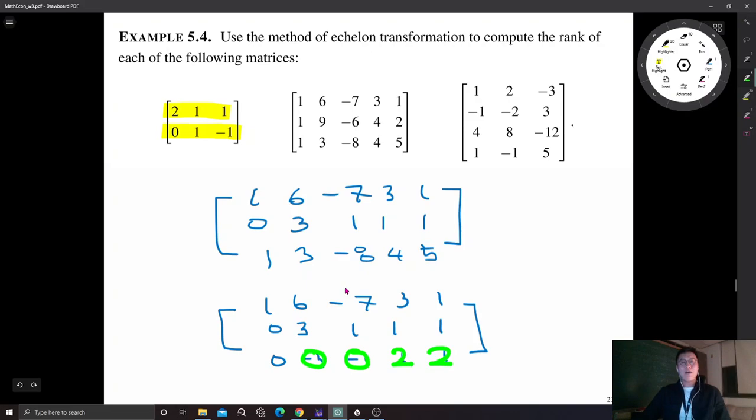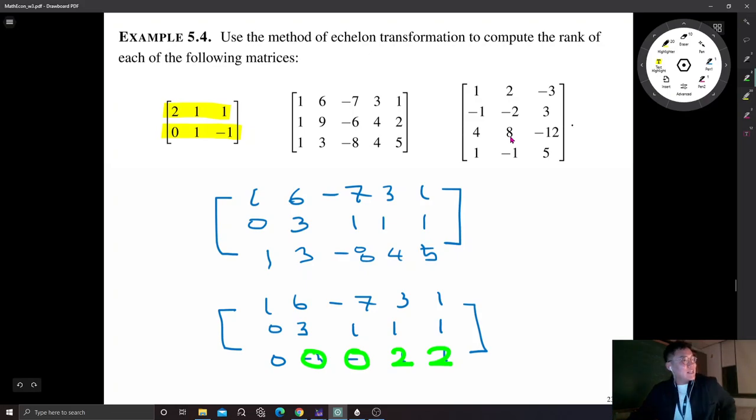All right, now it is in echelon form, and we have 3 non-zero vectors, so the rank of this matrix is 3. Okay, and let me leave the final matrix for exercise.